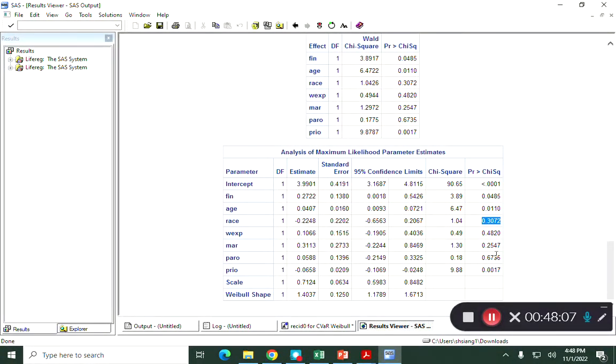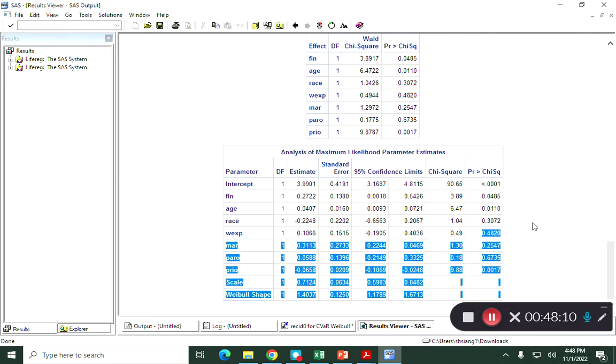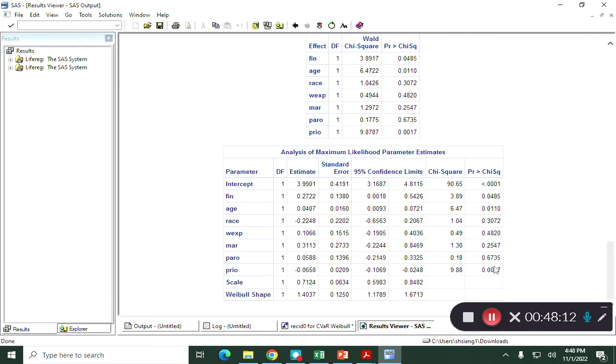And work experience doesn't mean anything. But here, prior plays a role. So we know prior is important, age is important, finance is important. Next, would you agree with me, using a p-value cutoff of 5 percent, what are the important variables? Finance, age, and prior. The rest are not significant. Agree or not agree, based on the p-value? Okay, next.